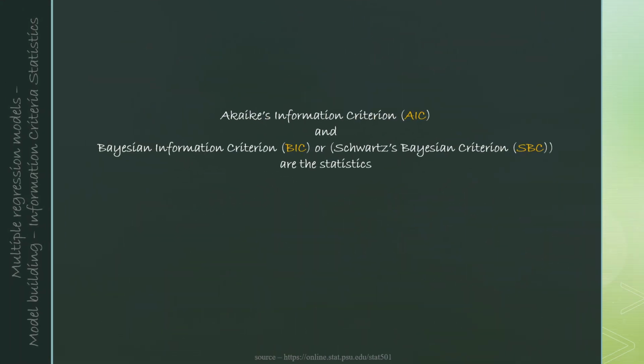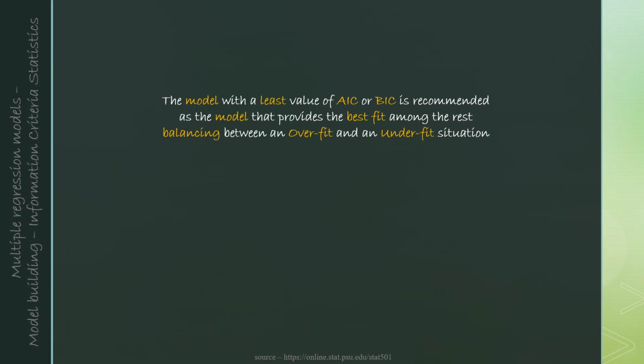AIC and BIC or SBC are the statistics that estimate the information loss, in other words the prediction errors, in each of the candidate models. A model with least value of AIC or BIC is recommended as the model that provides the best fit among the rest, balancing between or avoiding an overfit and an underfit situation.